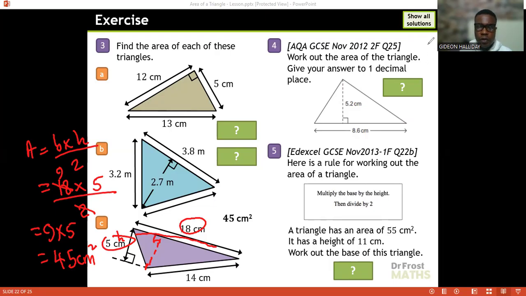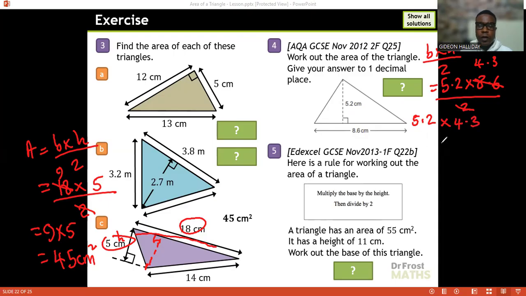So of course you remember it's base times height over 2, and that's 5.2 times 8.6 divided by 2. Yeah, we can do 2 cancel 8.6. That will be 4.3. So 5.2 times 4.3. You can multiply, right?